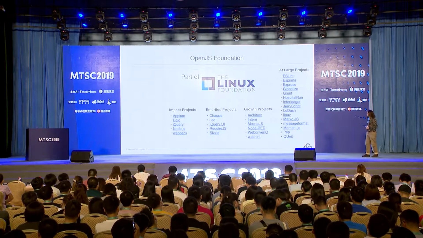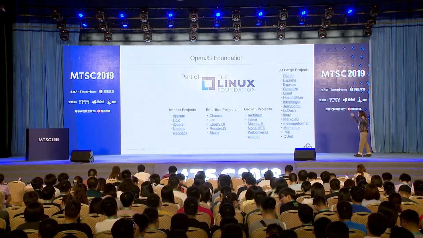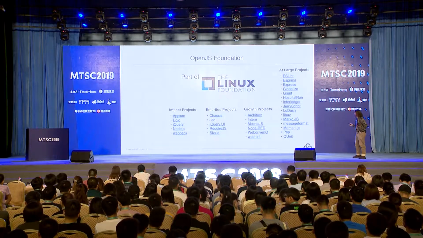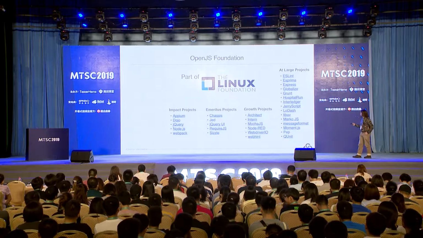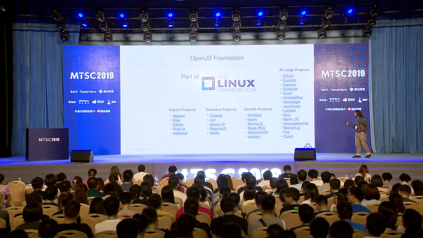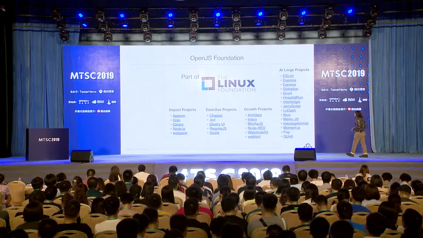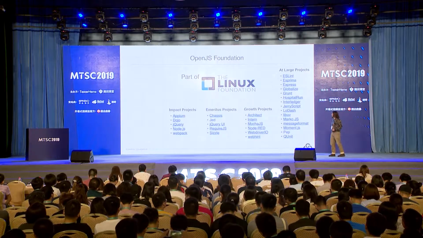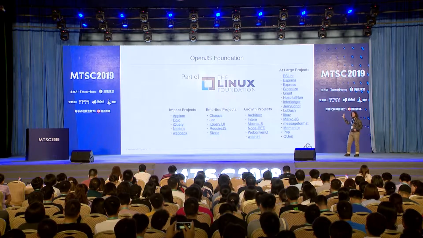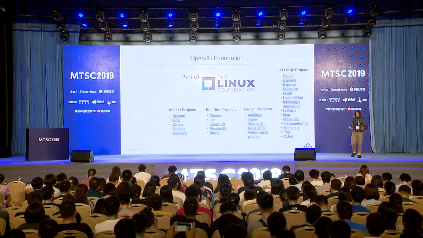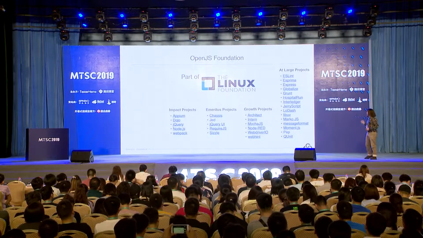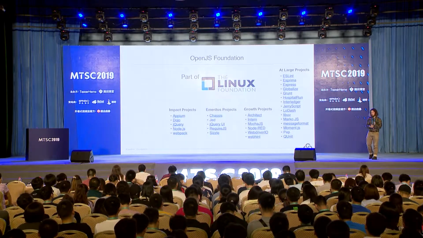The projects inside of the Linux Foundation are tons of different things. The things I put on here are the actual projects in the OpenJS Foundation: Appium, Dojo, jQuery, Node.js, and Webpack. And these are other projects that have started going into the process of entering the OpenJS Foundation. There are different levels that you can read about there.